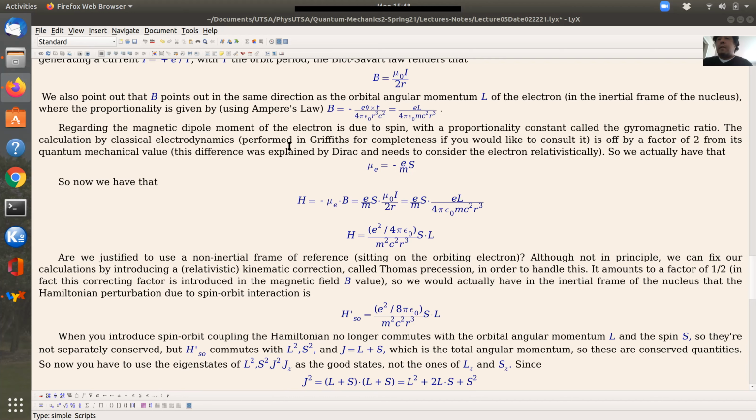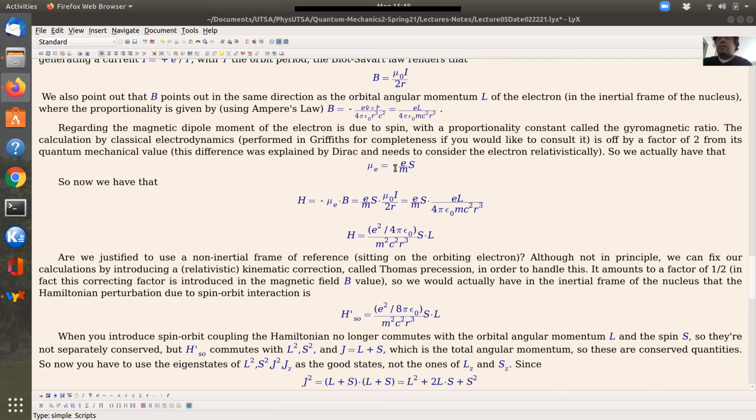And in order to explain this difference and this correction, you need to consider the electron relativistically. So for the moment, just believe me. I think the classical calculation would just give you a taste or a flavor, but it's not complete, and you probably have seen it in your electromagnetics course anyways, possibly if you went into charging spheres, etc. So in any case, the magnetic dipole moment of the electron is proportional to the spin.